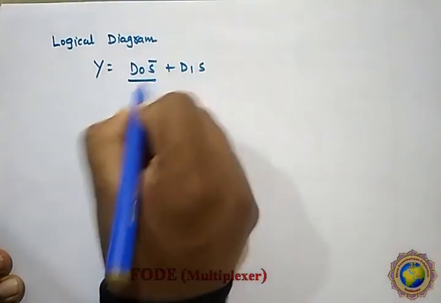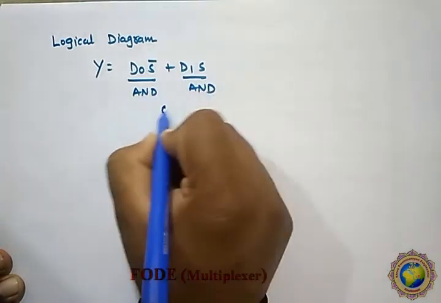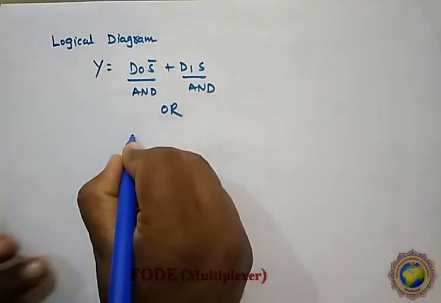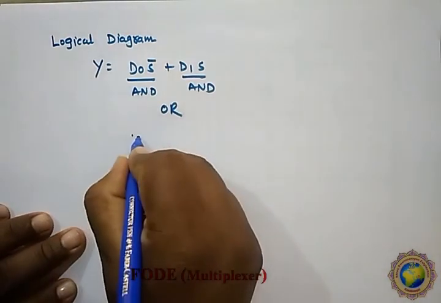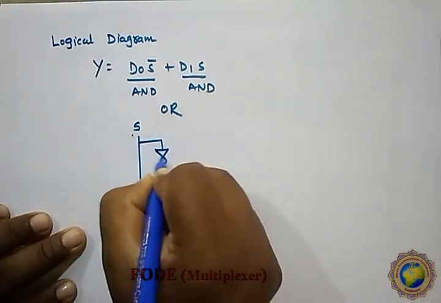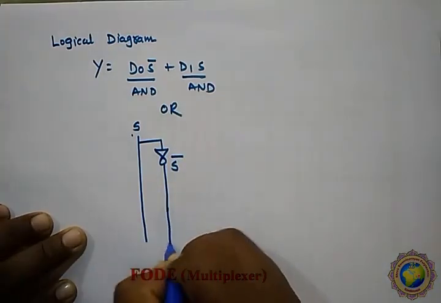So see here, this is the AND gate, this is also AND gate, and these 2 go to an OR gate. It requires one NOT gate. So S bar. How many AND gates are required?